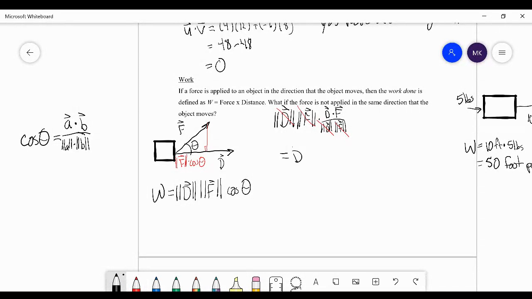And we get that this is d dot F. So that means the work is equal to vector d dotted with vector F. It's pretty nice.